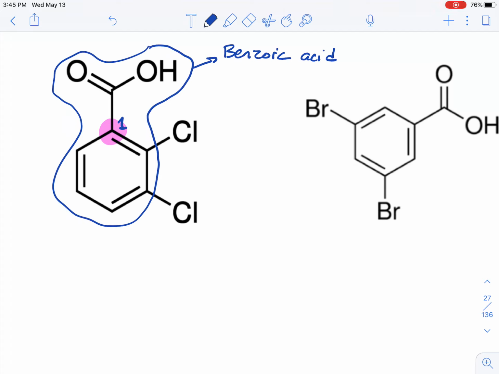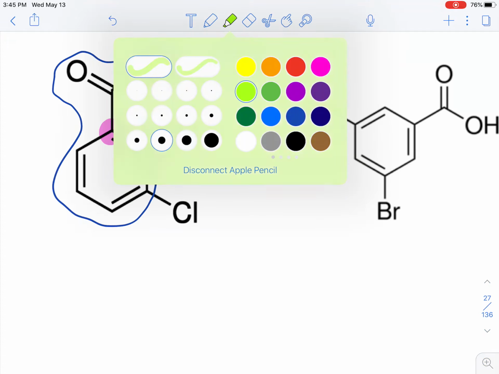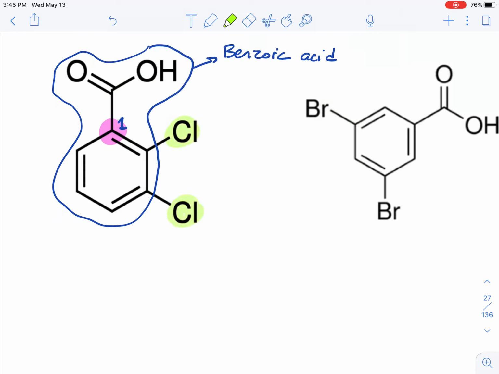That's going to represent the parent name. The only thing I need to name is my substituents, which in this case happens to be 2 chlorines. I'm going to number this clockwise. If I were to number it counterclockwise, I would get higher numbers compared to numbering it clockwise.